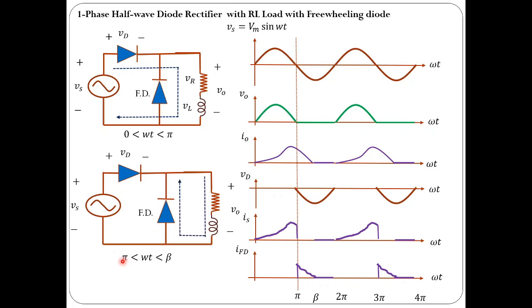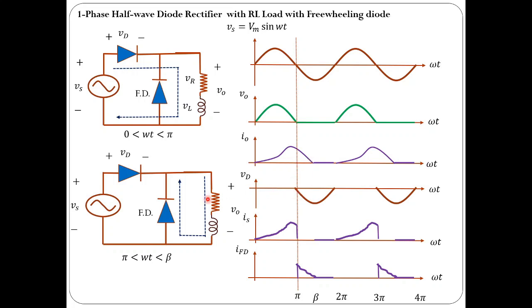From pi to beta, during this period, the output current would shift from the main diode path to the freewheeling diode path, so the current would flow this way. Because the freewheeling diode is conducting, the voltage across it is 0. So the voltage across the load, which is the same as the voltage across the freewheeling diode, is also equal to 0, for omega t ranging from pi to beta.